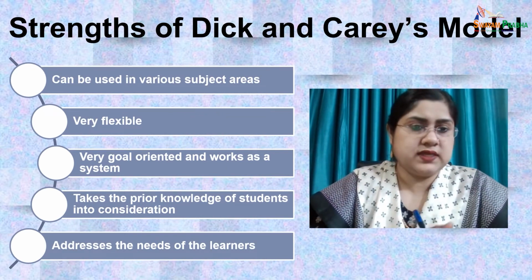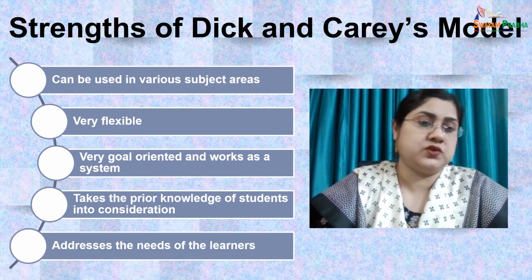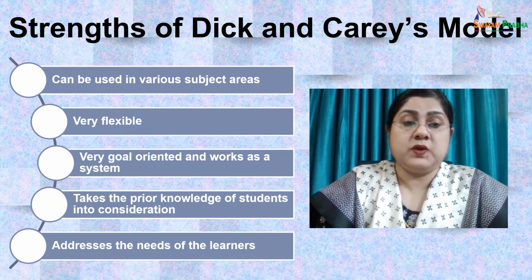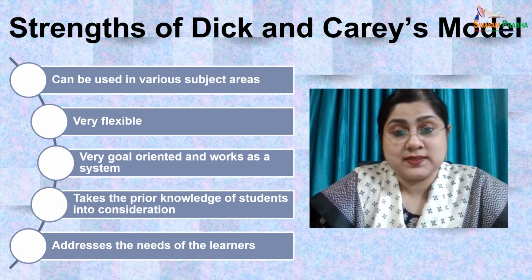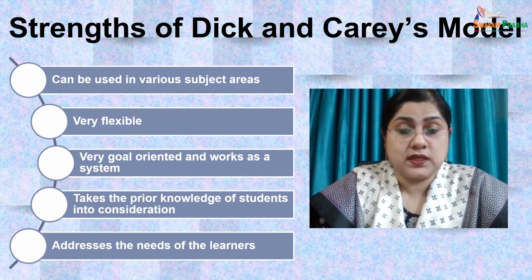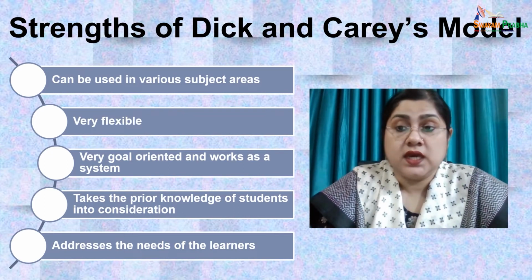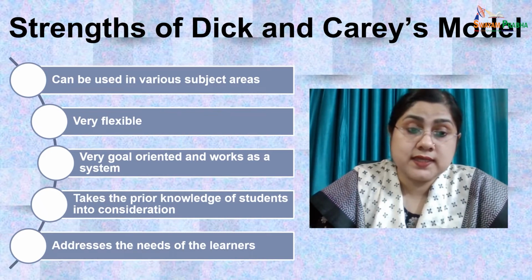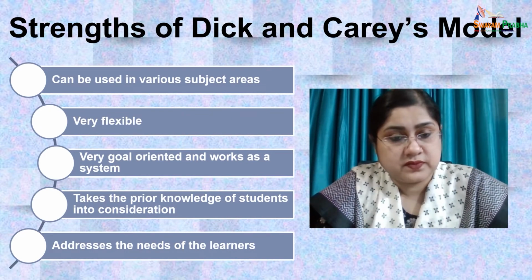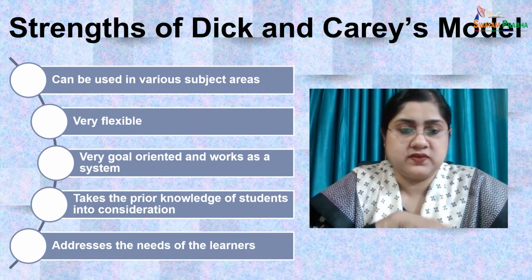So let us see first the strengths of this model. Because this model can be used in various subjects and areas, even in the educational setups, as well as in the business world, a strength of this model is its flexibility. So flexibility is the first strength.